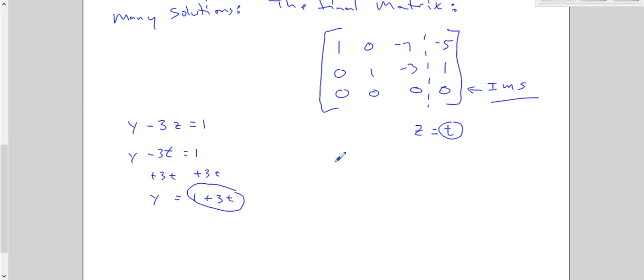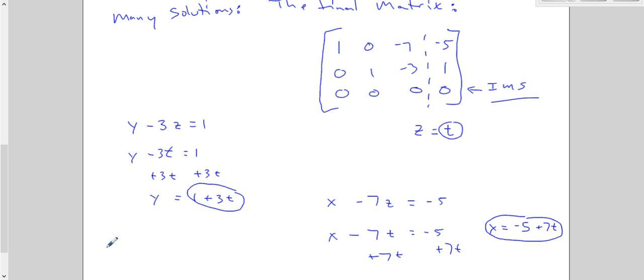Now that I have z and y, I'm going to go up to the first equation where I have x, no y, so minus 7z, equals -5. I'll replace z with the t. I get x minus 7t equals -5. Add 7t to both sides, and I get x equals -5 plus 7t.